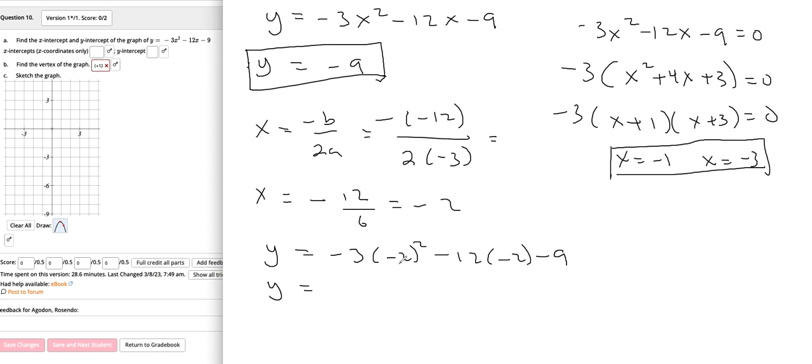Okay, so let's see, this would be positive 4, and then, because that's 3 signs, there's 2 there, 1 there, so that'll be a negative. 3 times 4 would make 12. And then negative and negative makes plus 24 and minus 9. So it looks like y equals, that would be 12 minus 9, 3. So I think my vertex is at negative 2, 3.